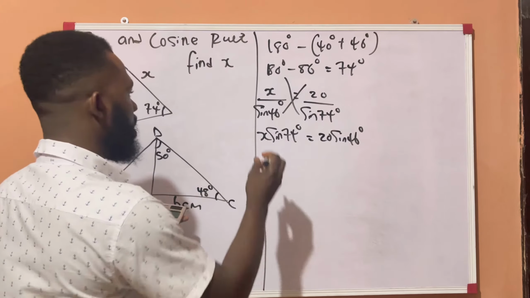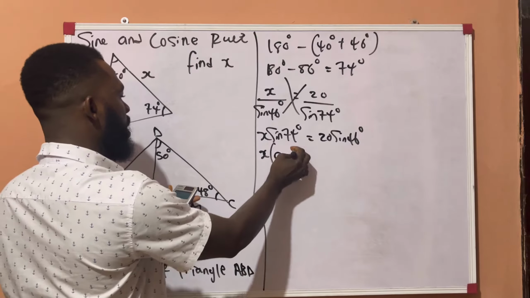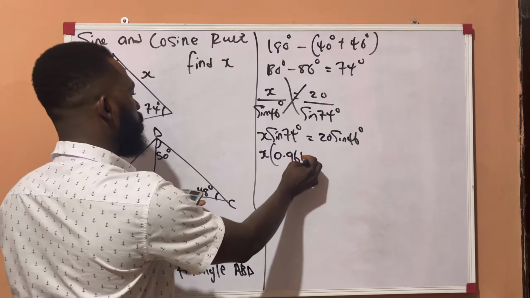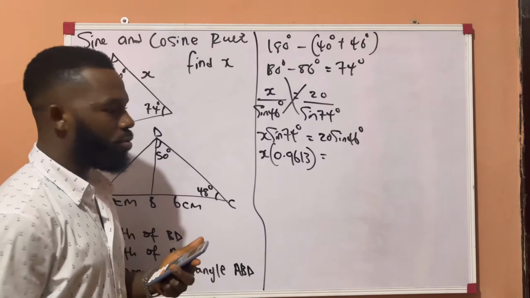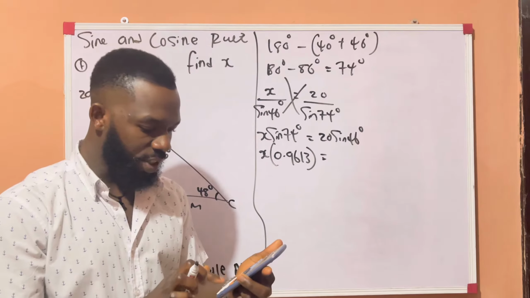So here becomes x times 0.9613, which gives 0.9613x.